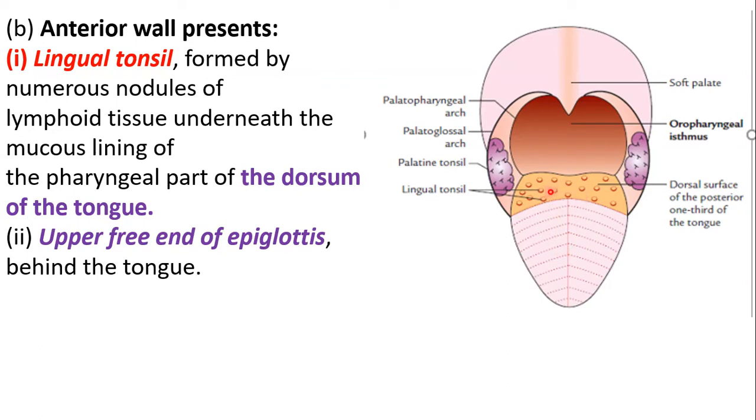Now anteriorly, this is the tongue. This portion is known as the anterior two third of tongue, and this is the posterior one third of tongue. Lingual tonsils are buried in the posterior one third of tongue.